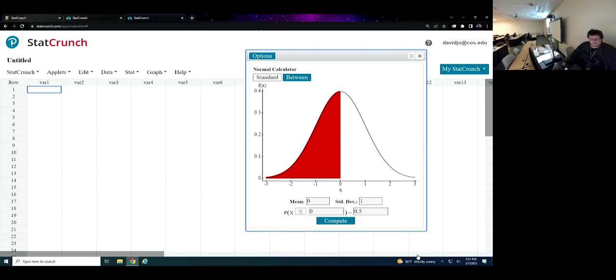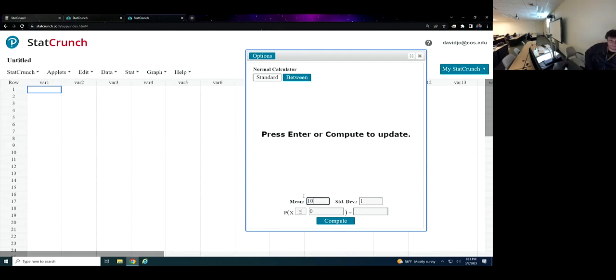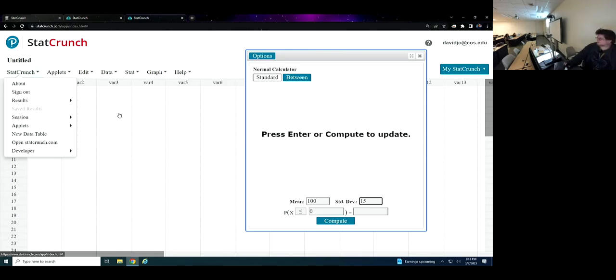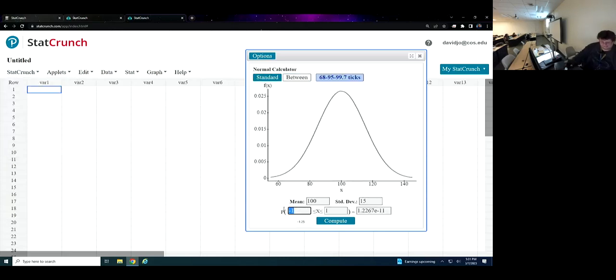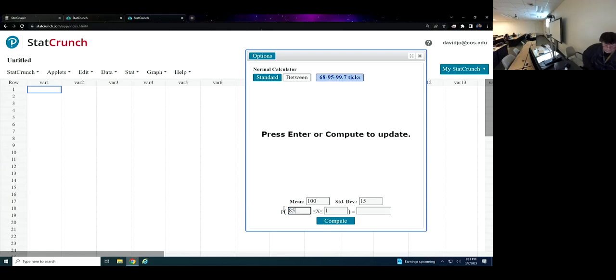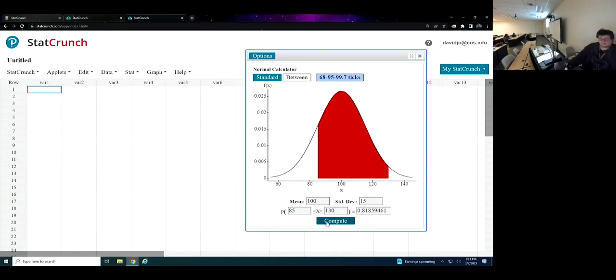The IQ one that we're doing had a mean of 100 and a standard deviation of 15. And we wanted to look at the scores between 85 and 130. So I can click between, and I can say 85 to 130, and click compute.